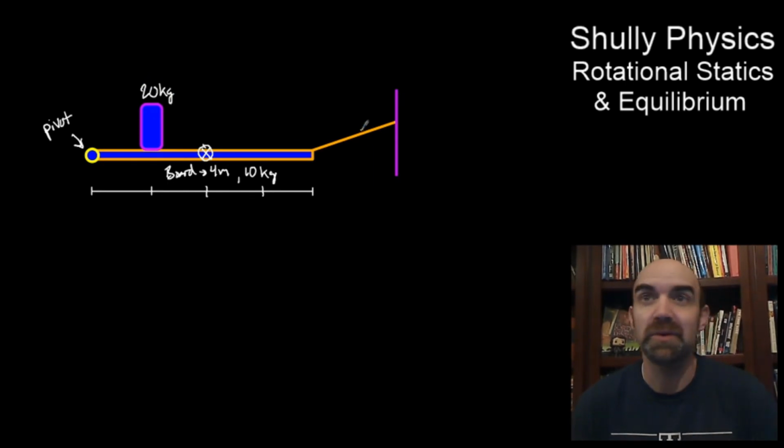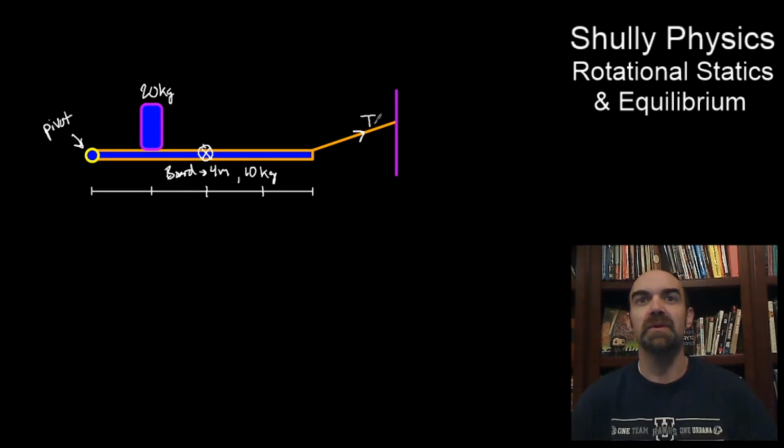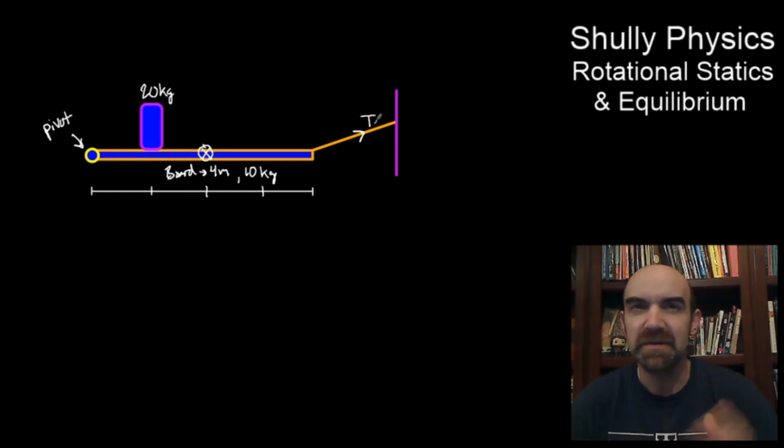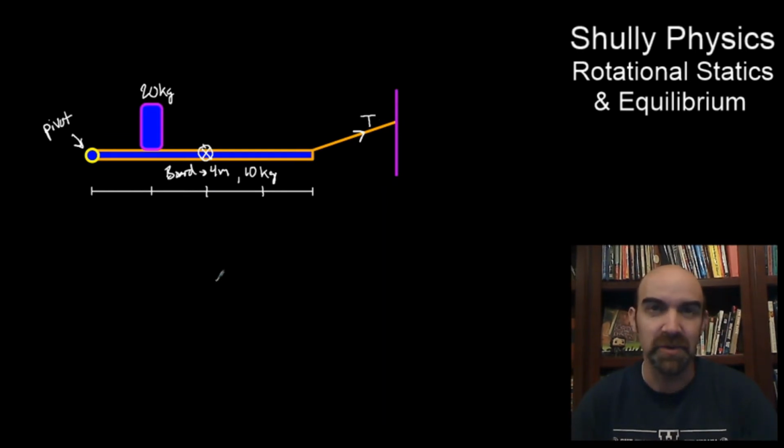And what I'm looking for here is the tension. Okay. Now, in this scenario, there's going to be something a little bit unique here. This pivot is actually part of our system in here. It's keeping everything in equilibrium, or helping to. This tension over here is keeping the board from flapping downward.